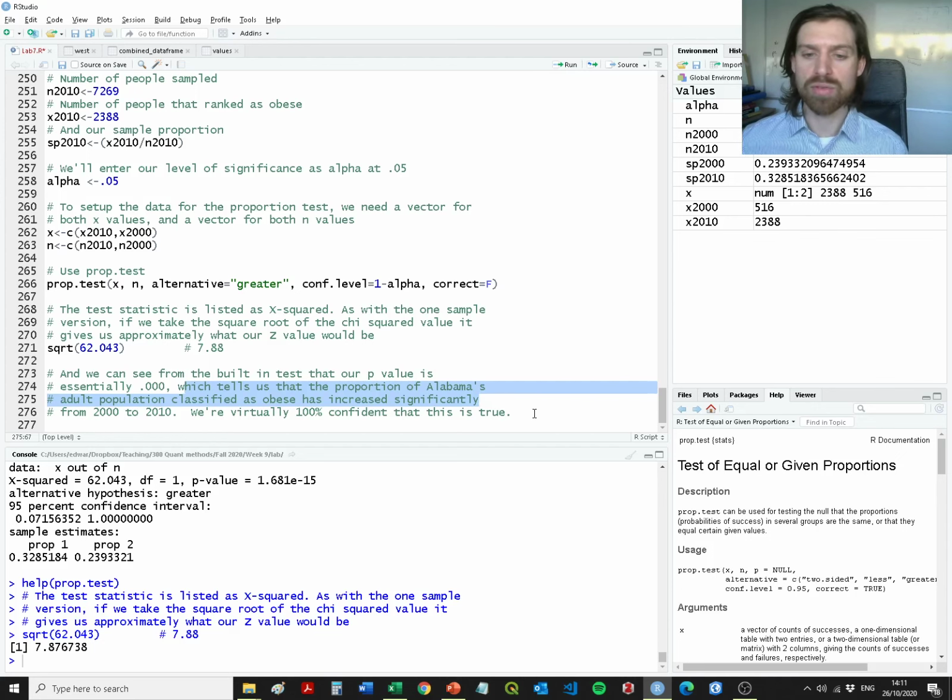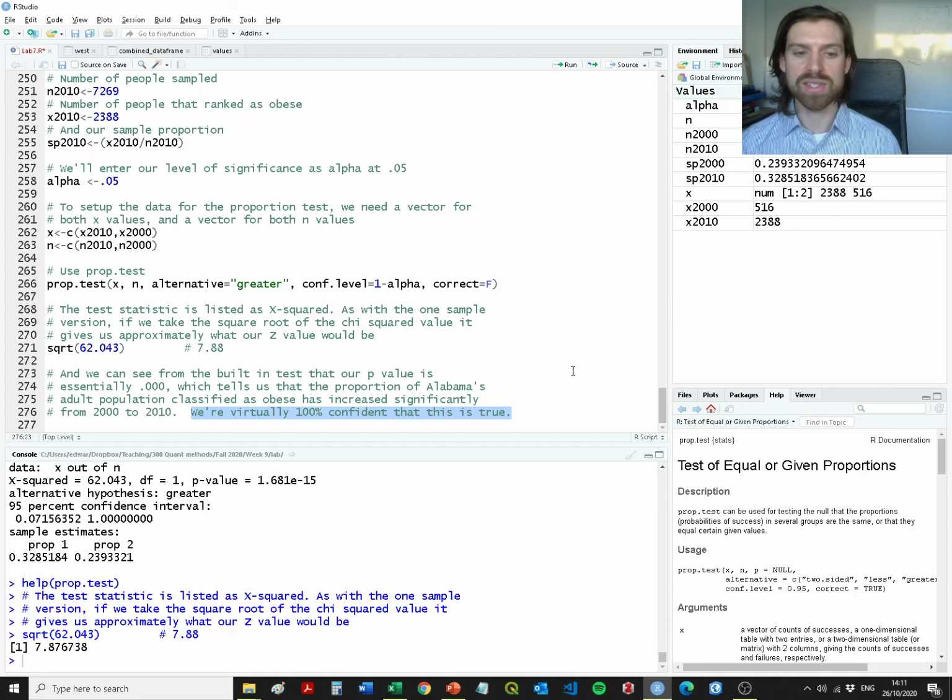That provides us with a very strong degree of confidence that this conclusion is true, because this value would even exceed a 99.9% confidence level, for example, if that's what we decided we wanted to use. So an alpha of 0.001.